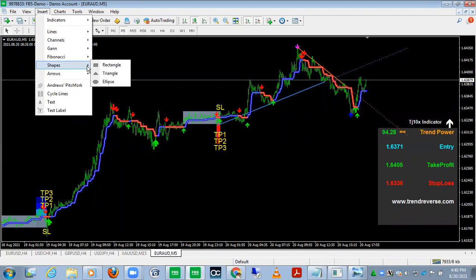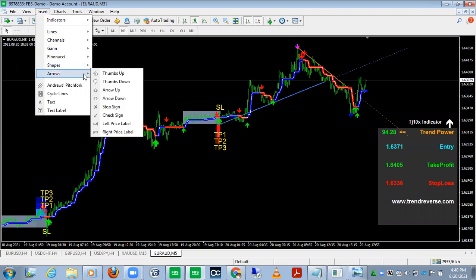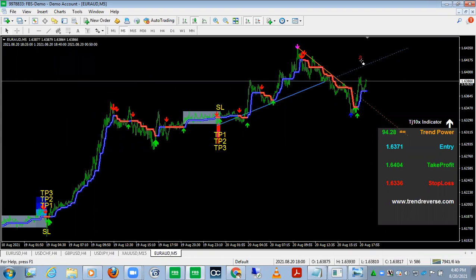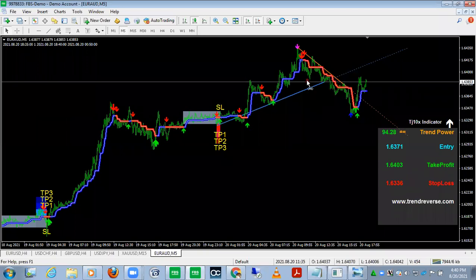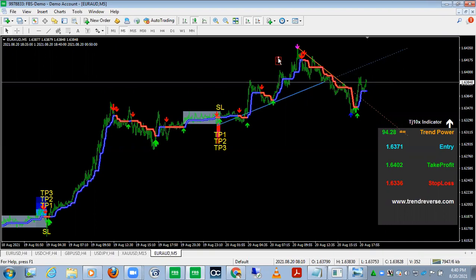Let me go to shapes, arrows, yeah. Look at this. It moved. I want to show you how this one moves, right from that point to this point.